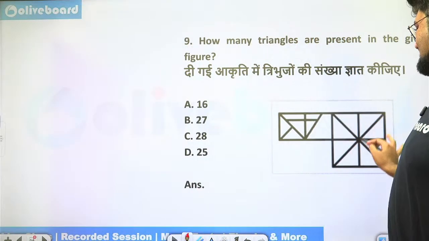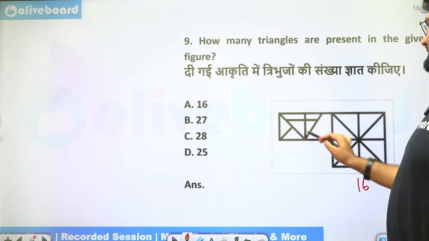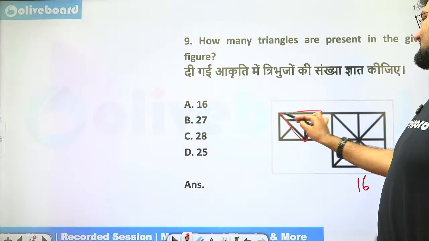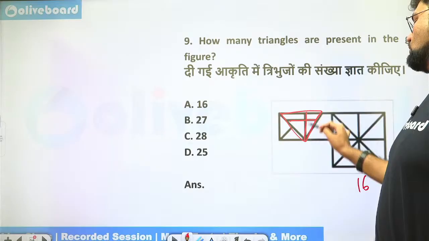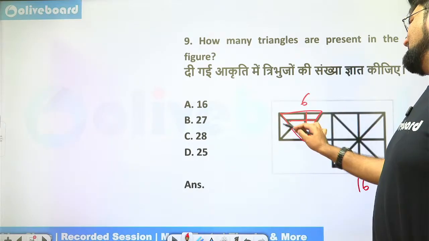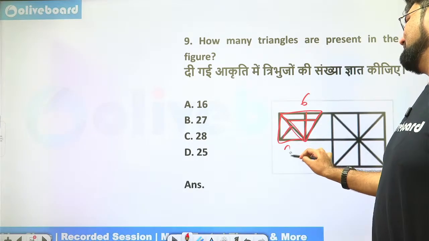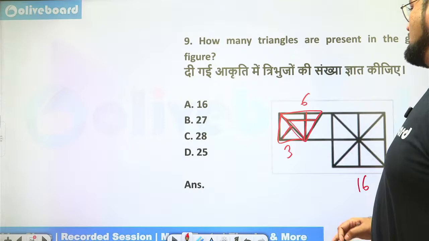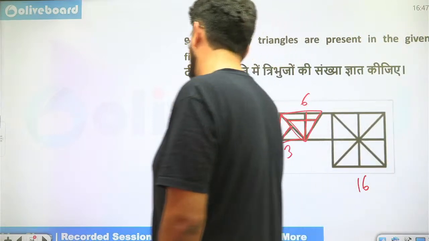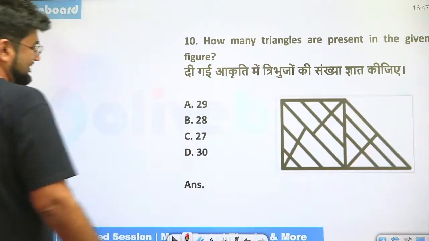So 8 parts here. So 16 triangles in this part. Then I can see this part divided into 3 parts and 2 lines. So 6 here and 3 here. So 9 and 16, 25. That's it. There is no other triangle which is there. So option D is the correct answer.